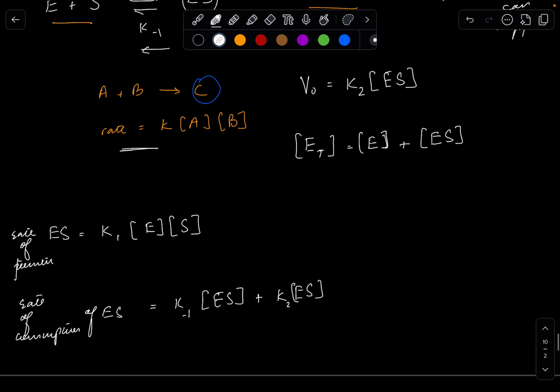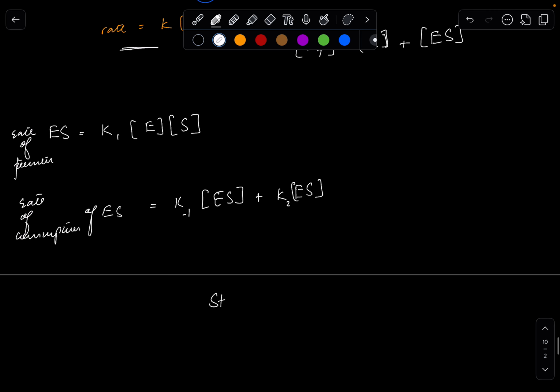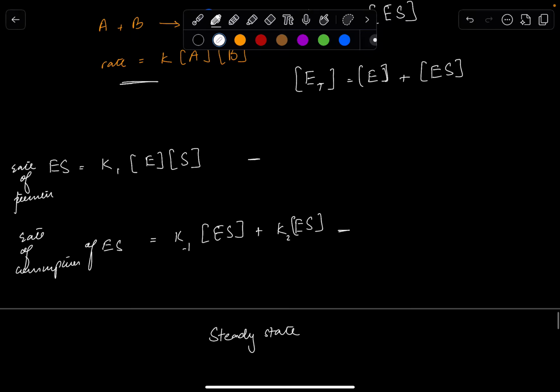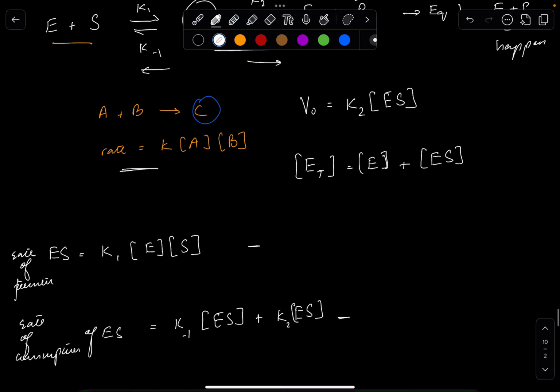The assumption is that in a steady state, the rate of consumption is equal to the rate of formation. So I'm going to call these equations 2, 3, 4, and 5.